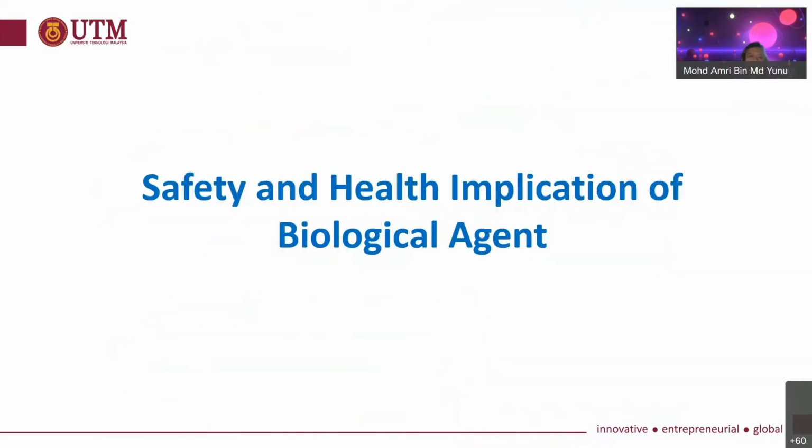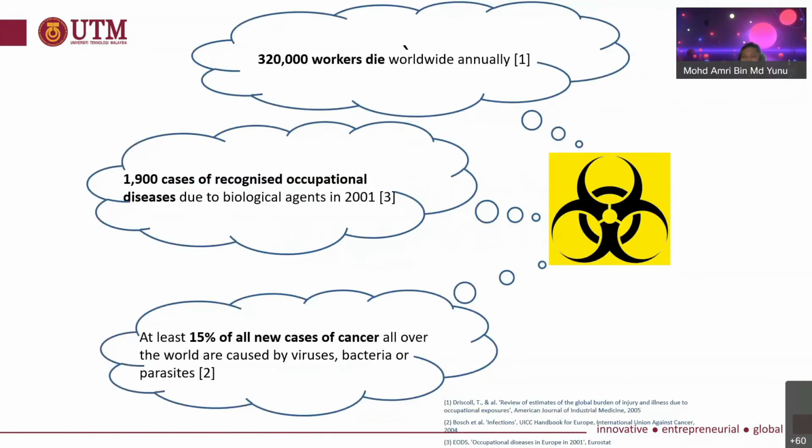So why are we talking about this biological hazard? According to a 2005 study, more than 320,000 workers die because of biological hazards, and at least 50% of all cases of cancer all over the world are caused by virus, bacteria, and parasites. So this biological hazard could trigger serious illness like tumors or cancer.